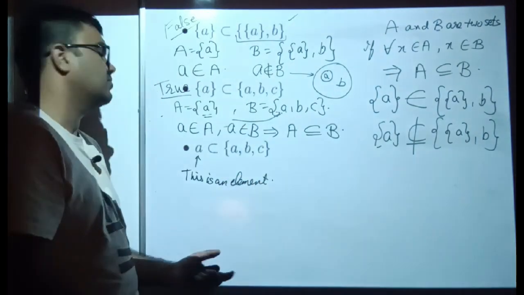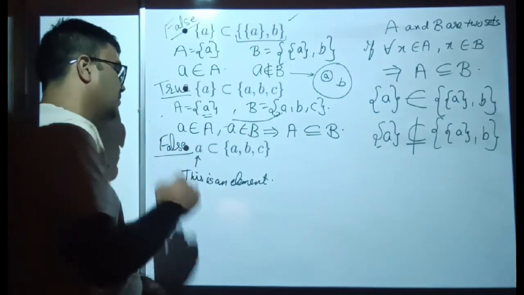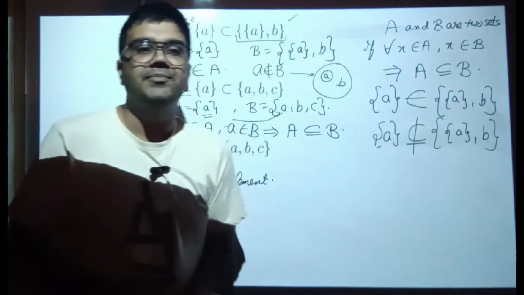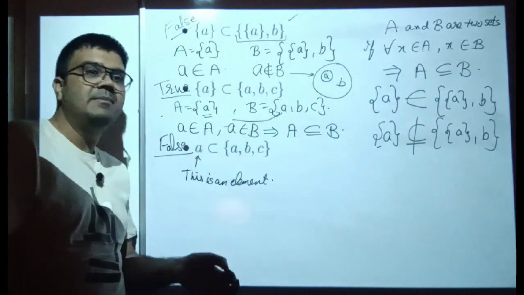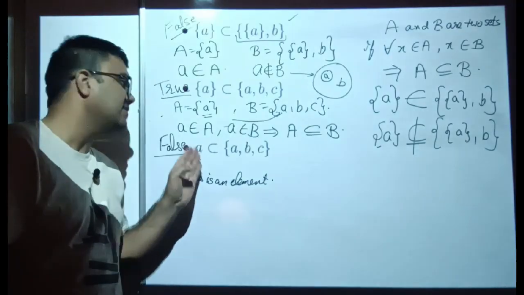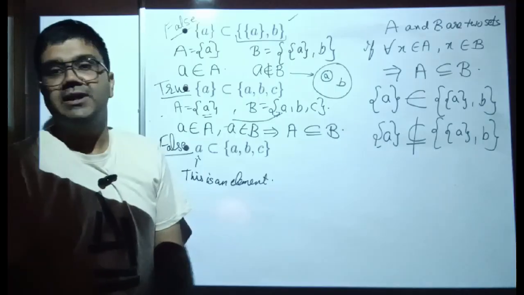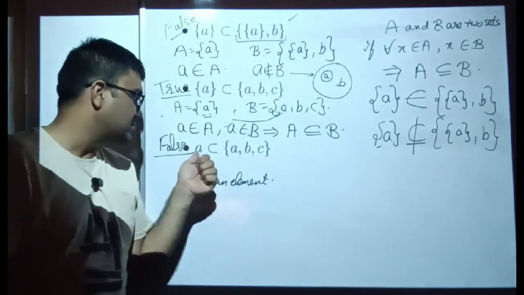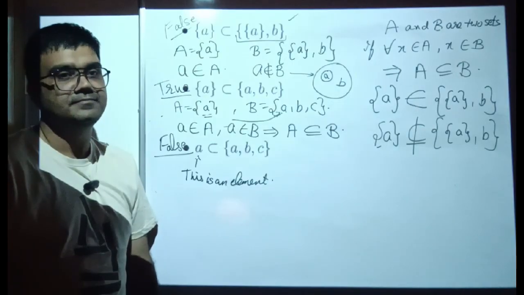So we cannot talk about subsets over here. So this statement is false. We cannot talk about subsets because we cannot consider an element from this. First of all, it should be a set, only then this definition is applicable. So we cannot say that a is a subset of {a, b, c}.